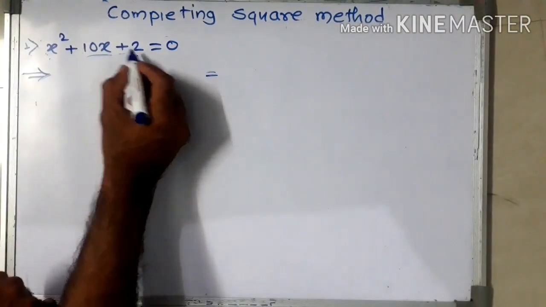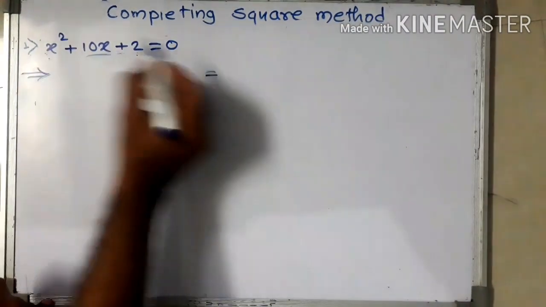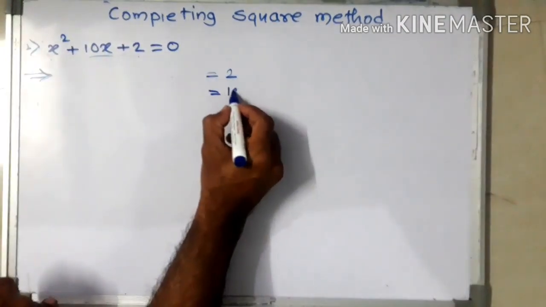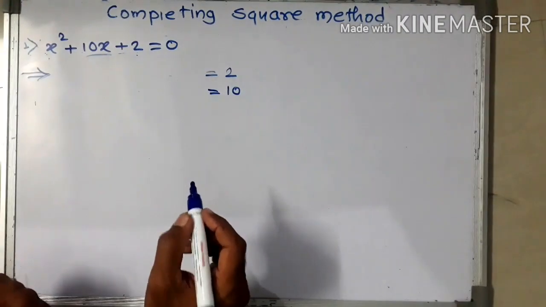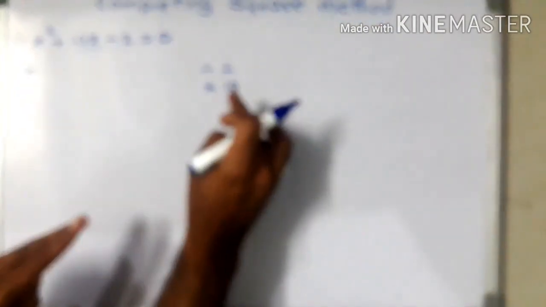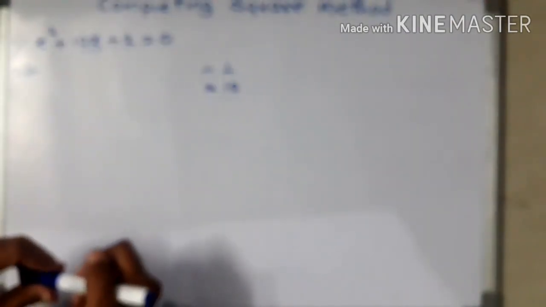The product of the constant term with the coefficient of the quadratic term is 2. The coefficient of the middle term is 10. Now we have to find two numbers such that the product of them is 2 and the addition of these two numbers is 10. We cannot find such numbers. It is not possible to find such numbers.